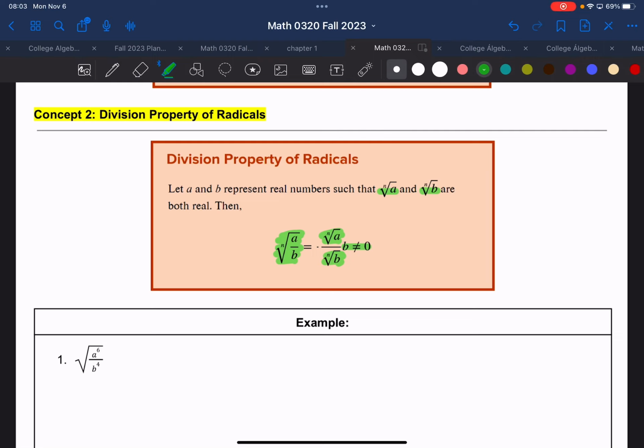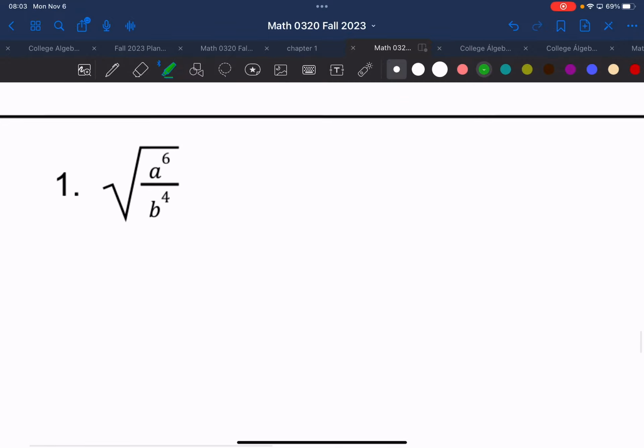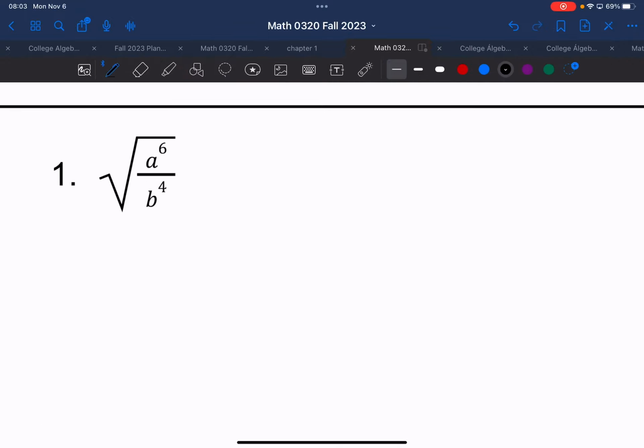So let's go ahead and look at some examples. Example 1, we have the square root of a to the 6th over b to the 4th. So in order to simplify this, remember the two ways I showed you. We could either write the a 6 times and write the b 4 times and find our pairs.